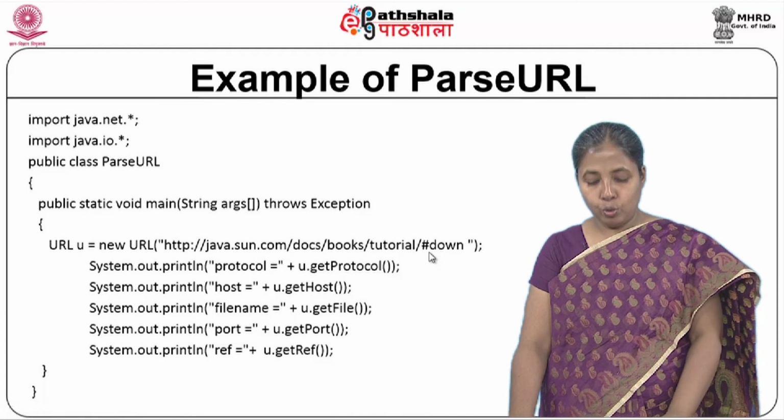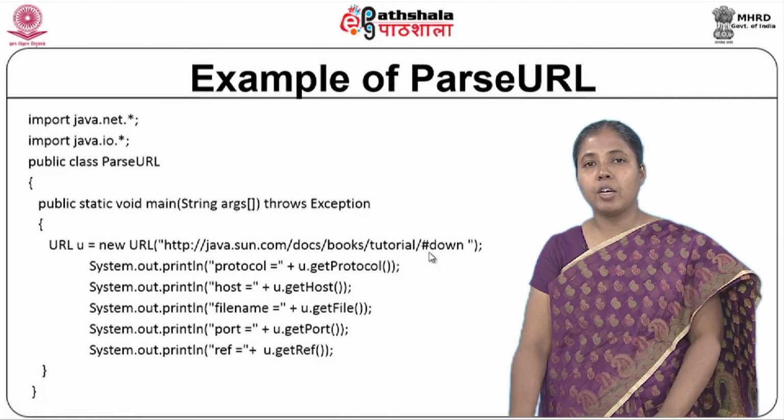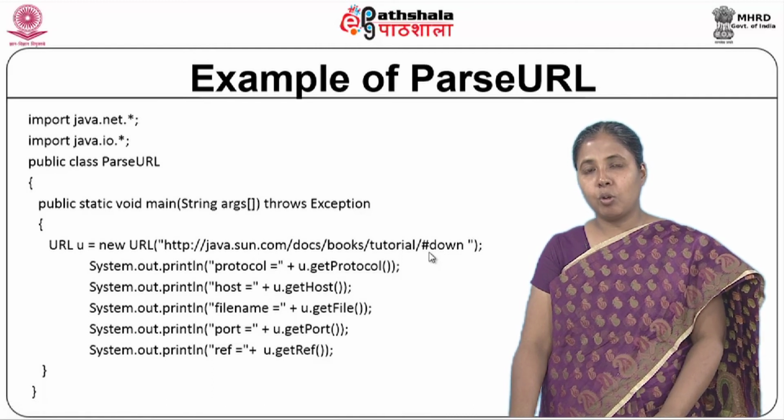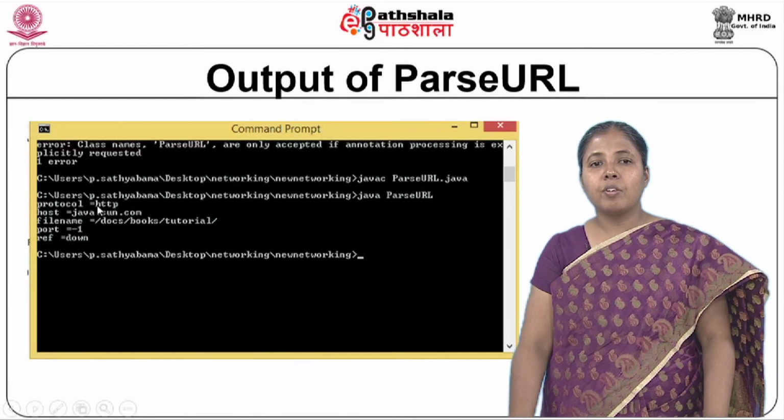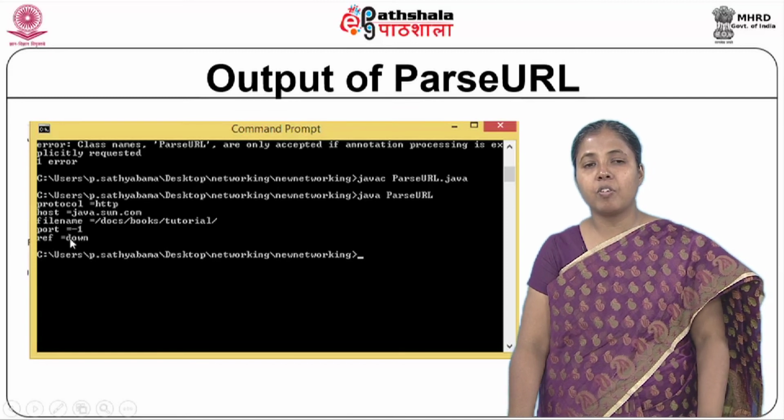So, you can parse the URL using these methods and identify the individual parts within the URL. In this example, HTTP is the protocol, the host is retrieved by getHost, the file name is retrieved, the port is -1 since it is not specified in the URL, and the reference is down.